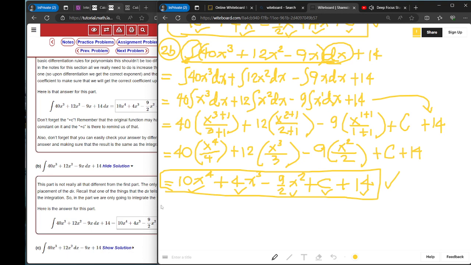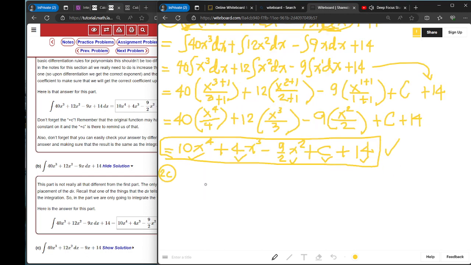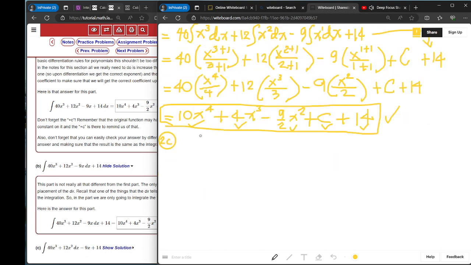So I'll just write directly the answer, since we have already solved it above. We'll have the integral of 40x cubed plus 12x squared dx, minus 9x plus 14. Again, we'll only need to integrate these two terms.